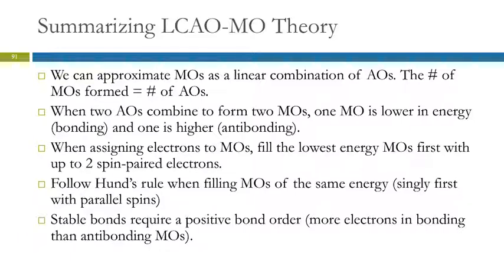And stable bonds require a positive bond order, meaning we've got more electrons in the bonding orbitals. When we have more electrons in bonding orbitals than anti-bonding orbitals, that formation of molecular orbitals causes a lowering of energy, and that's what happens when a bond forms.